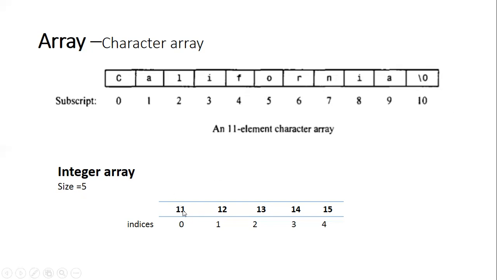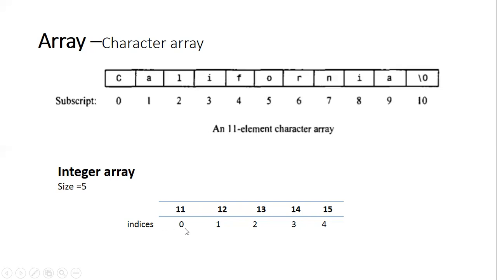Integer array: you can store integer values also. The indices are 0, 1, 2, 3, 4, and my values are 11, 12, 13, 14, 15. That means x of 0 is 11, x of 1 is 12, x of 2 is 13, x of 3 is 14, x of 4 is 15. So my 5 elements are stored in the x array.